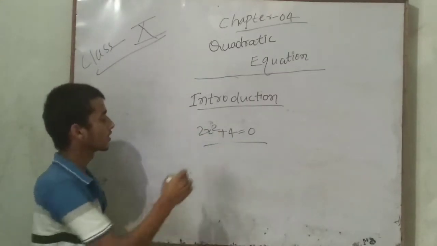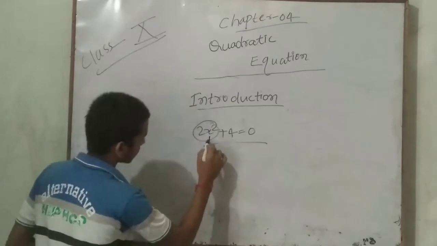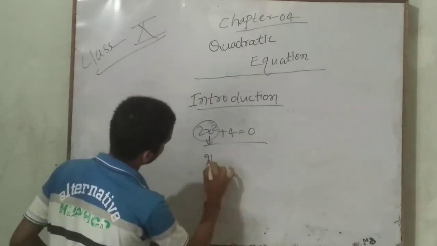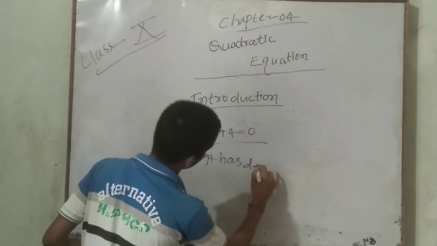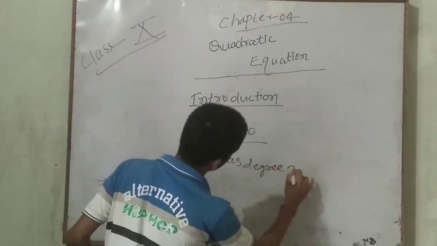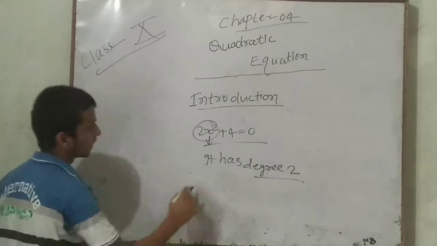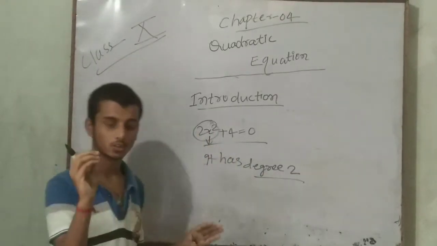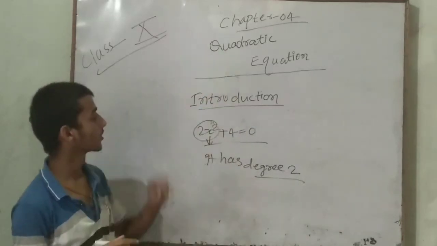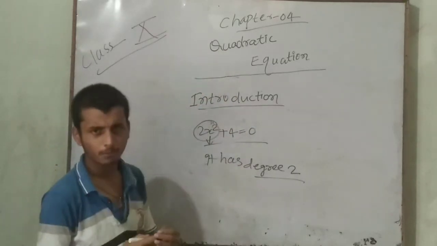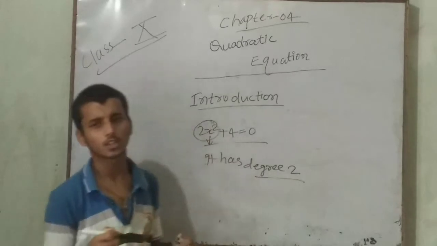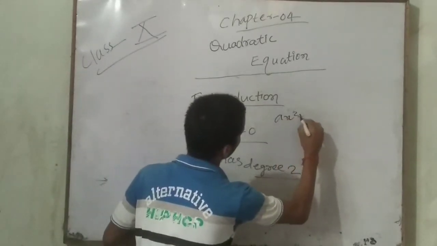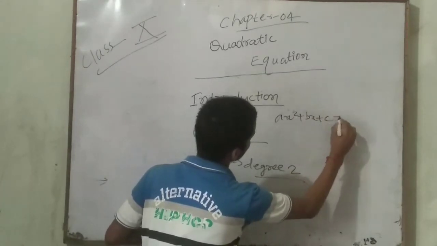This is a quadratic equation because it has degree 2. It has degree 2, means the degree of this equation is 2. That's why this is a quadratic equation. In simple general language, we can also say that a quadratic equation is an equation of the form ax square plus bx plus c equal to 0.